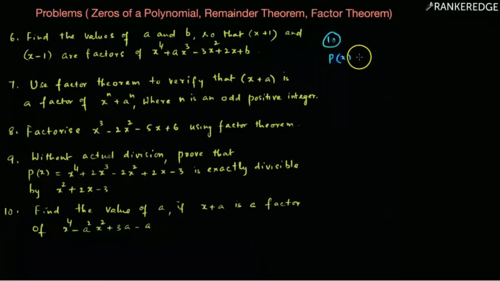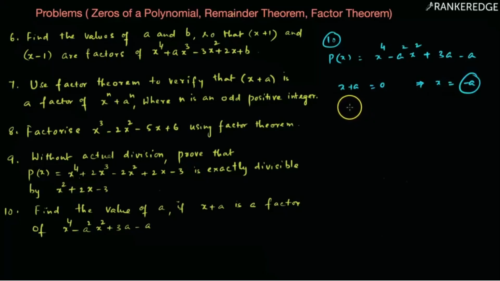P of x is equal to x power 4 minus a square x square plus 3a minus a. Given that x plus a is a factor of this, x plus a is the divisor, the 0 of x plus a is minus a.